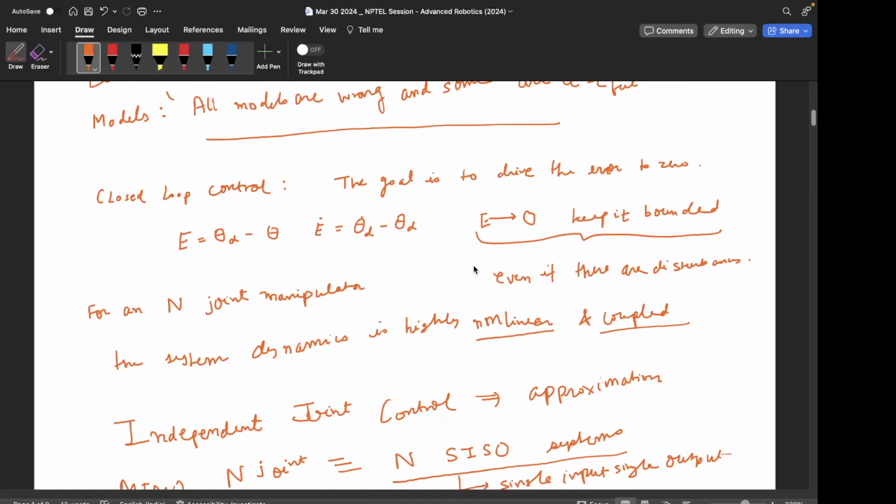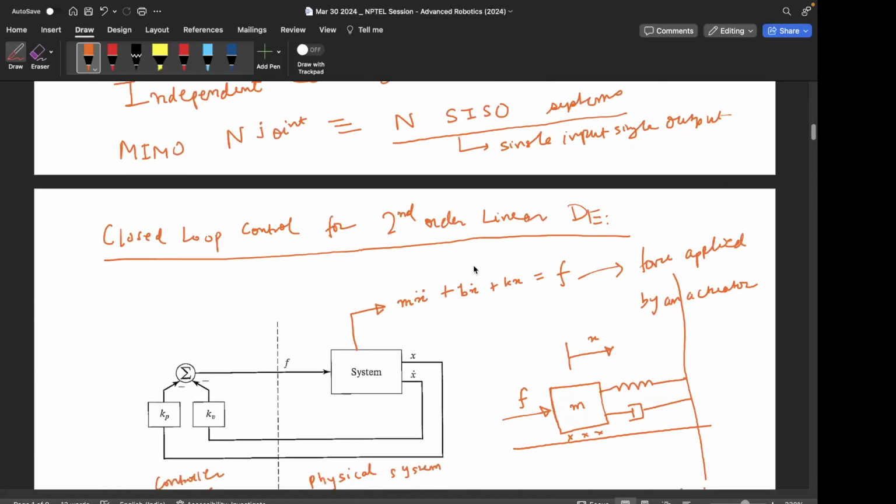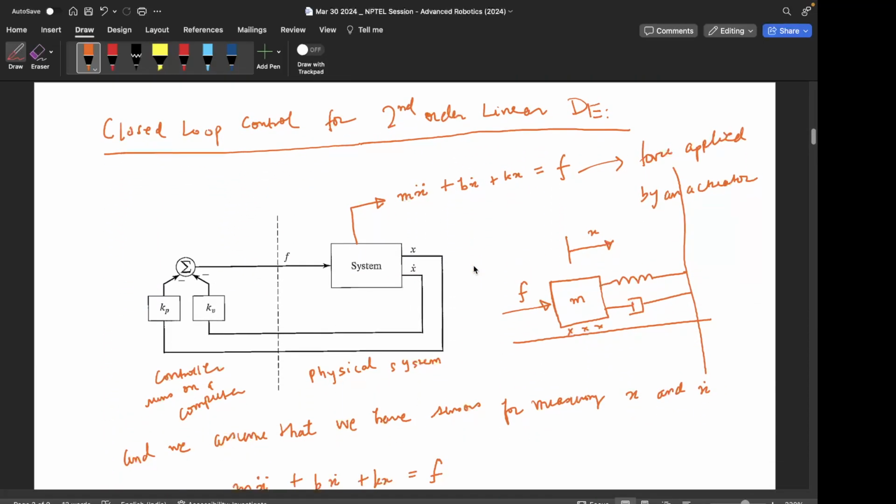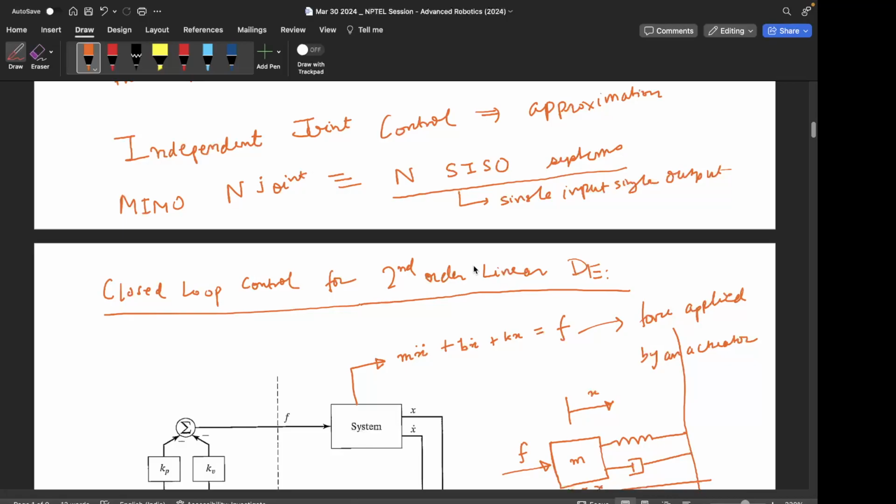Now the goal is, as I mentioned, to drive the error to zero. And in the independent joint control approach, we model the multiple input multiple output n joint system equivalently as n single input single output systems.